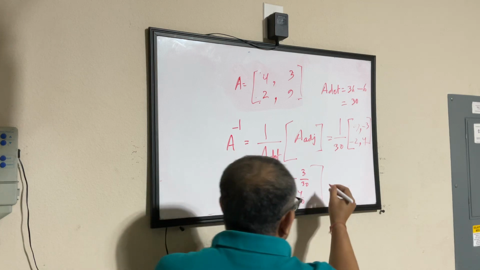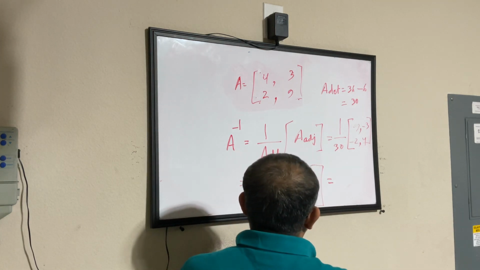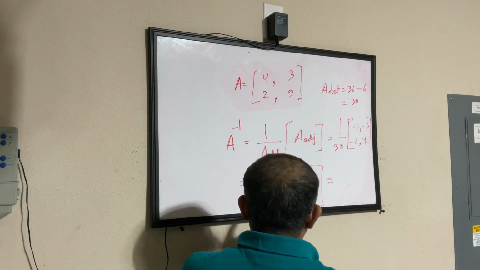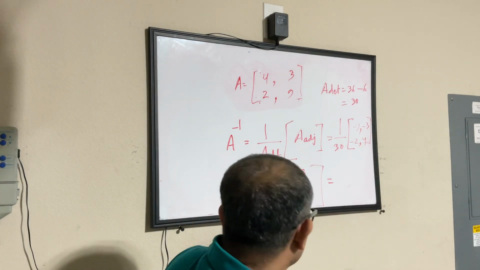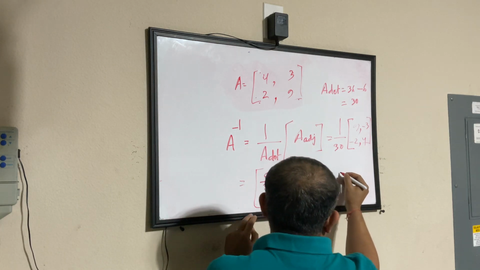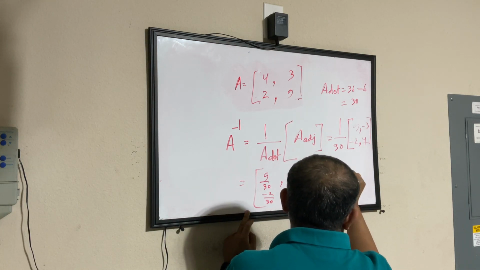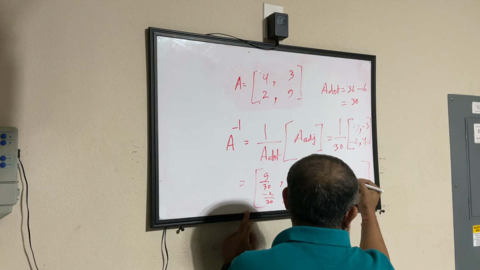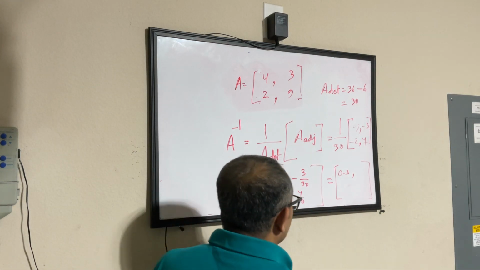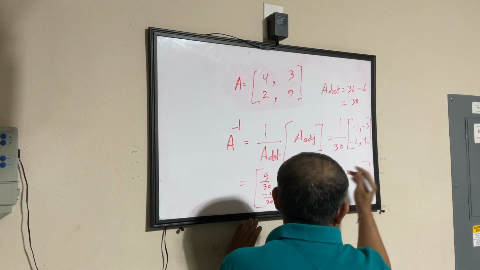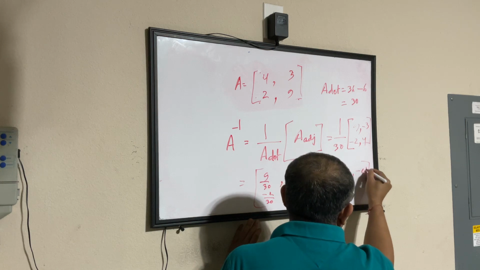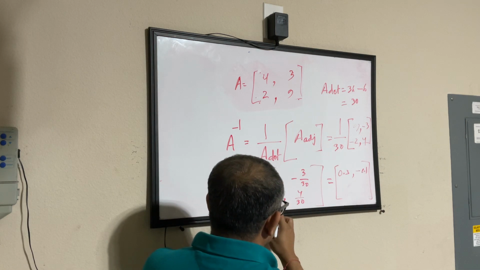So this becomes 9 by 30, which is 3 by 10, 0.3. I'm just trying to find some amiable numbers, right? 3 by 30 is 1 by 10, so minus 1 by 10, that is 0.1. This becomes 2 by 30, 1 by 15.